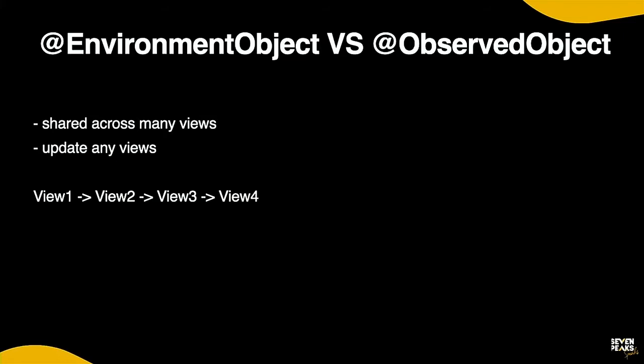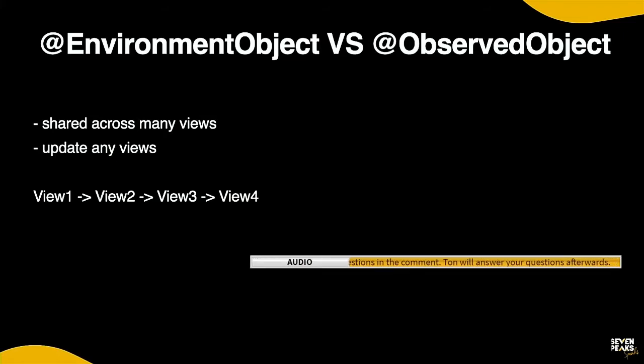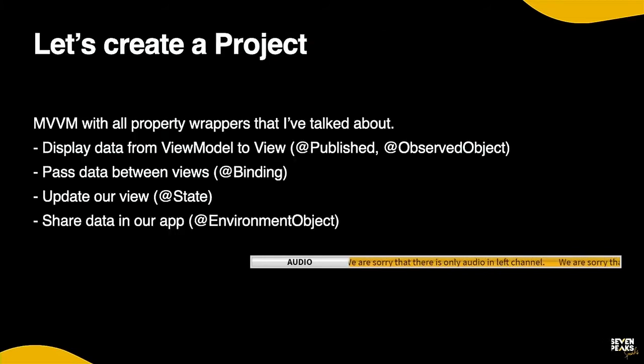You can define the environment object in view 1 and use it in view 4. But if you use an observed object, you need to define it in every view. You need to define the observed object in view 1, view 2, view 3, view 4. That is the difference.